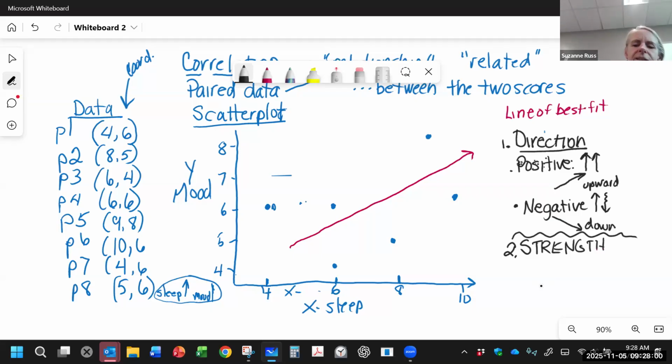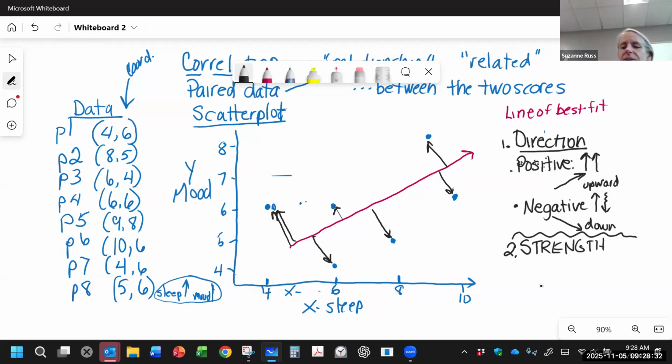So if we were to take this line and calculate some sort of figure that indicated how far this point is, how far this point is, and this one, and this one, and this one, we could figure out some sort of figure that captured that information.